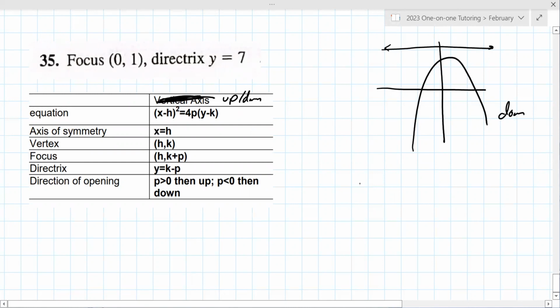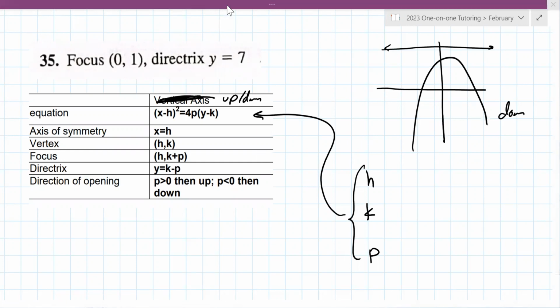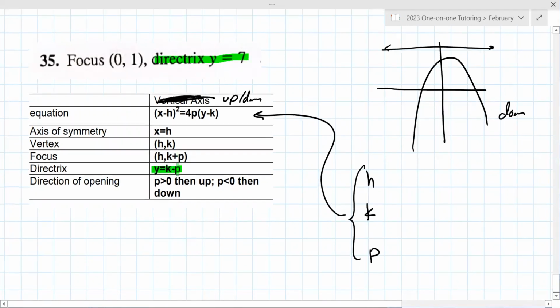So your goal is to find H, K, and P so that you can put those into the equation. Is that clear? All right. So now to find them, use the given information, like the directrix is y equals 7. You're going to match that up with this.